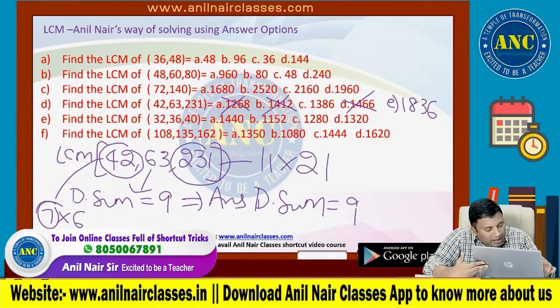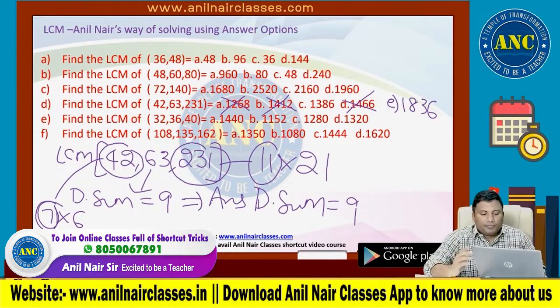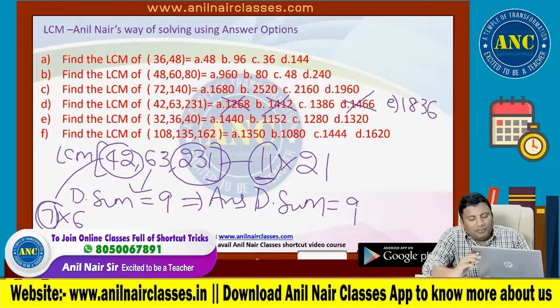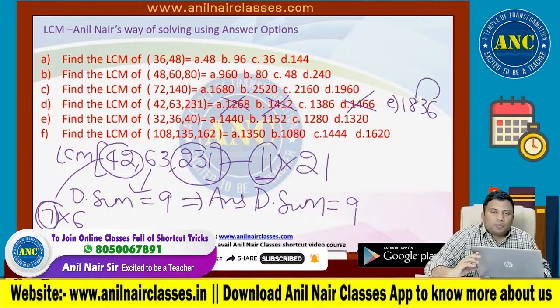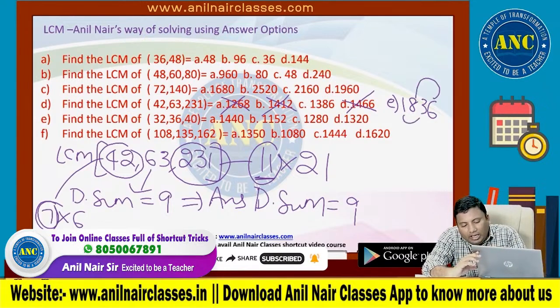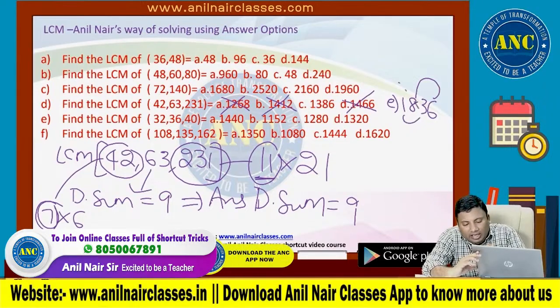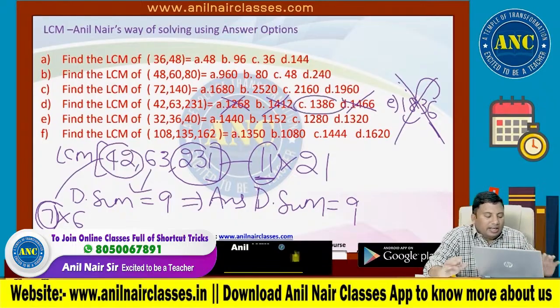Answer should be divisible by 7 and divisible by 11. Divisibility rule of 11 is sum of the odd places minus sum of the even places. 6 plus 8, 14. 14 minus 4, 10. It is not divisible by 11. So answer is 1386.